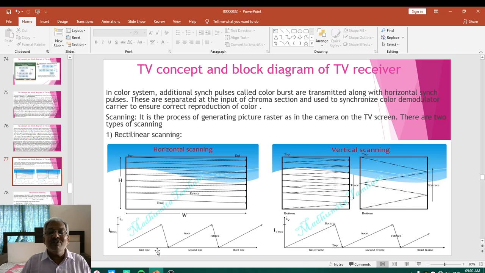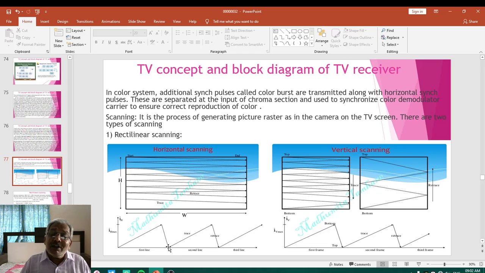This trace period is 52 microsecond, whereas the retrace period is 12 microsecond. So within 12 microsecond, the beam will return from right to left. But to carry the picture information from left to right, it will take 52 microsecond. So 52 microsecond is the trace period, 12 microsecond is the retrace period, or it is called a blanking period, or a flyback period.